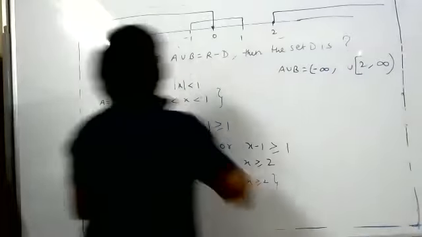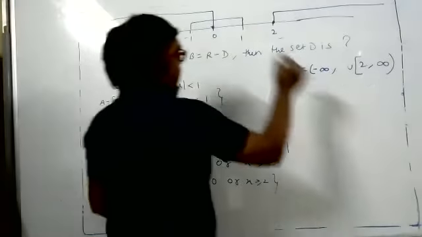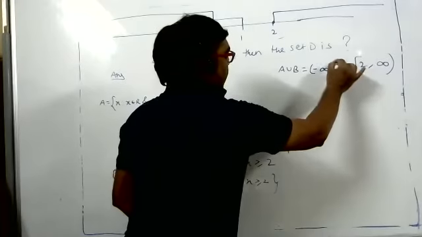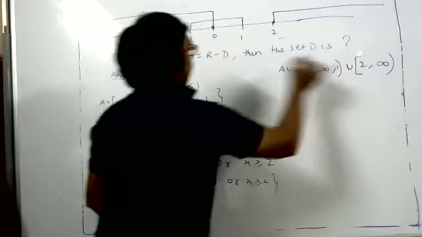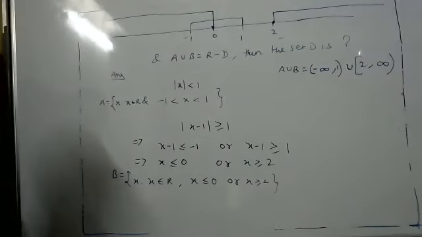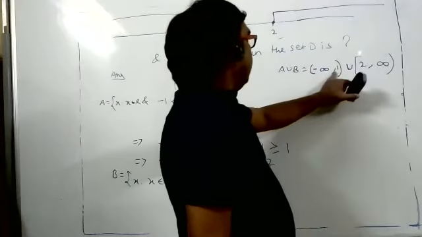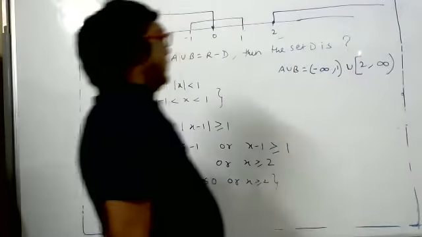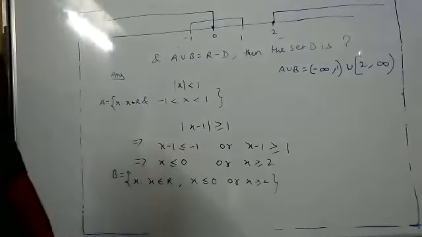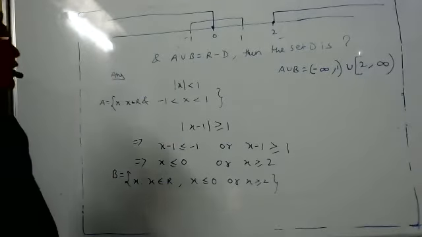See our diagram, minus infinity to 0, then 1 also. So 1 will come in a close bracket or open bracket? Open. So this is the answer: all real numbers from minus infinity to 1 union 2 to infinity. This is correct.